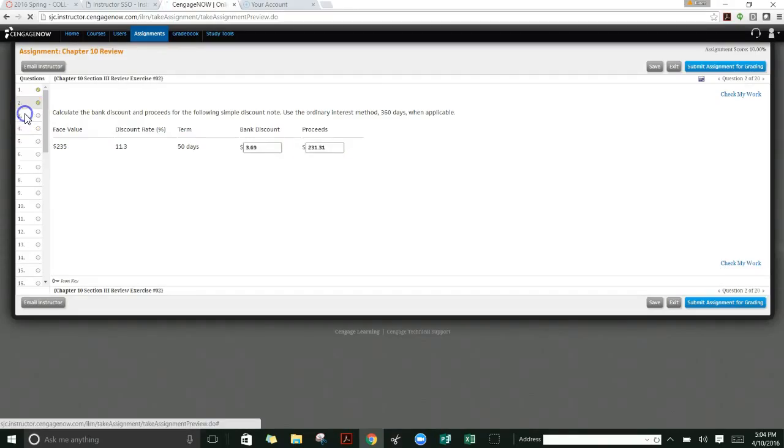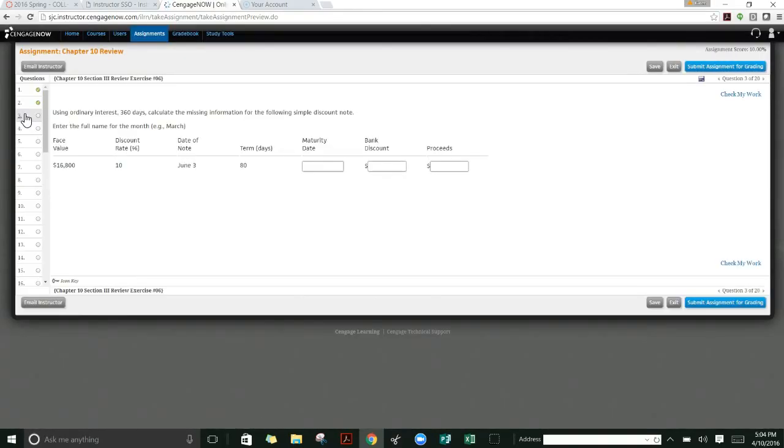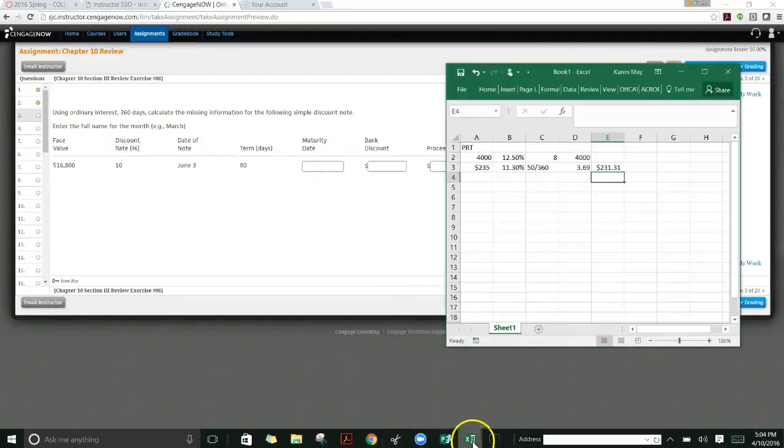Okay, the next one. In this one, we're going to do a face value of 16,800 and a discount rate of 10%. And the date of the note is June 3rd.